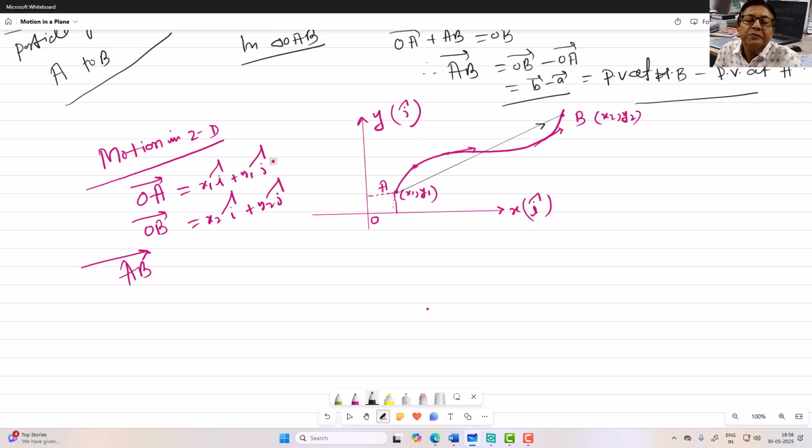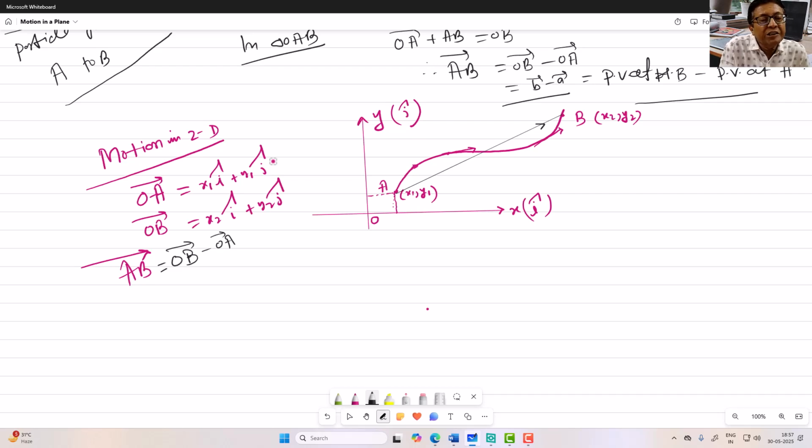Okay? Displacement vector is not coincident with direction of motion or direction of velocity. It is just a direction. It may coincide with the direction of velocity or direction of motion at a particular point, but in general, that is not true. AB vector, if we want to write, it will be what? This is OB minus OA.